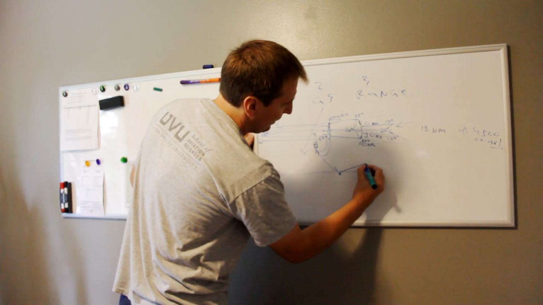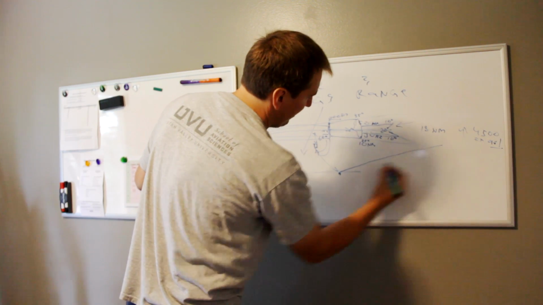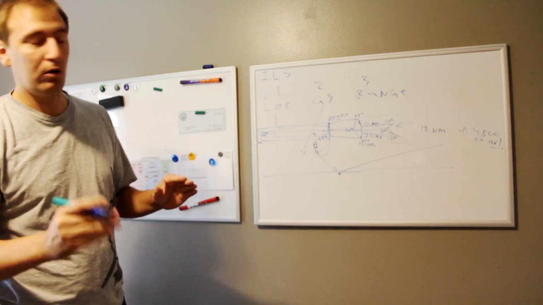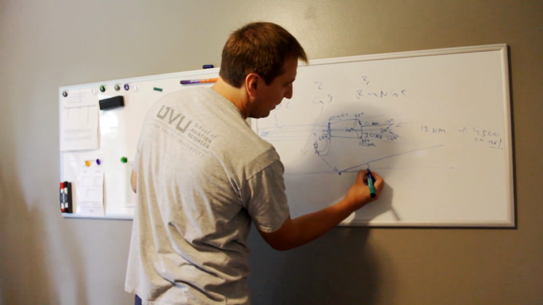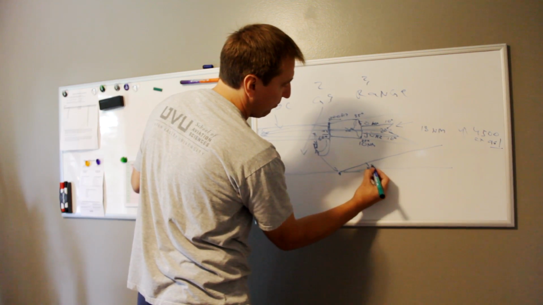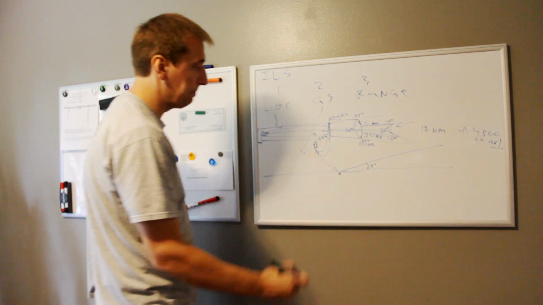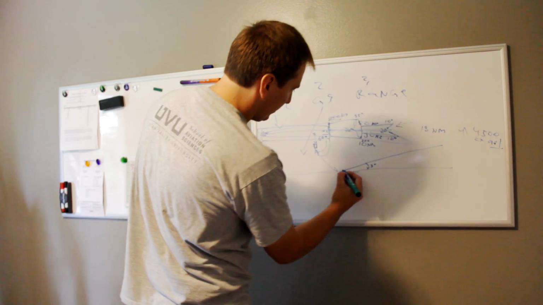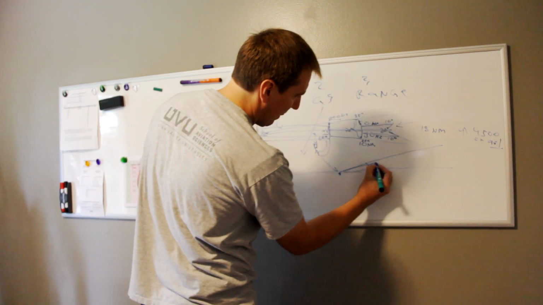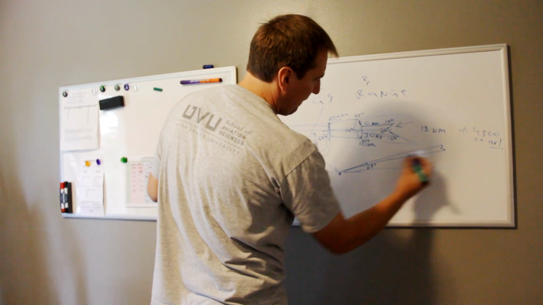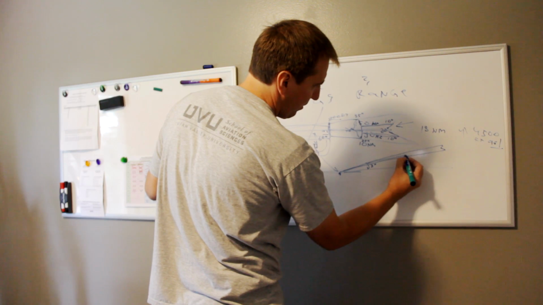and it shoots a glide slope. Usually, depending on the terrain, it could be different, but the norm is 3 degrees. 3 degrees. Okay. It shoots 2 beams of radio waves.